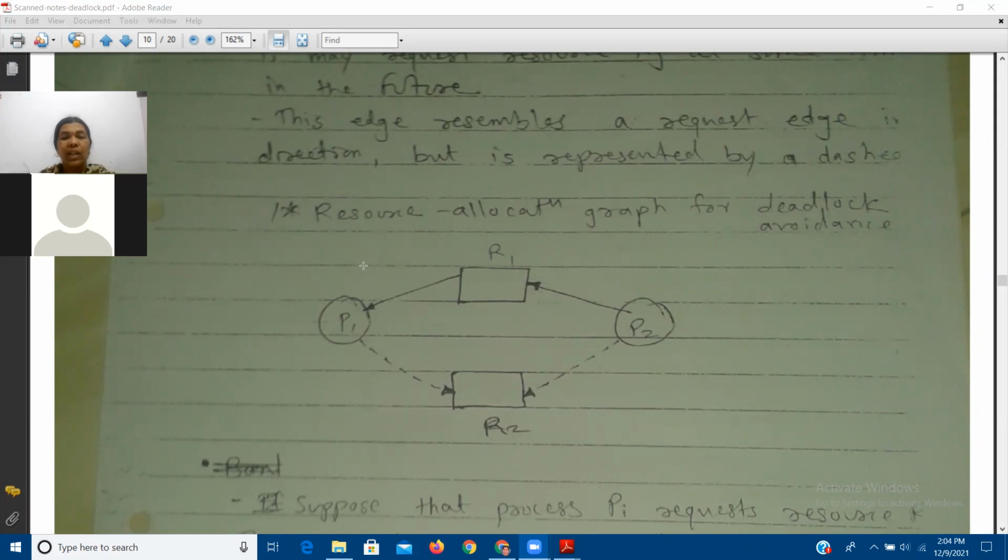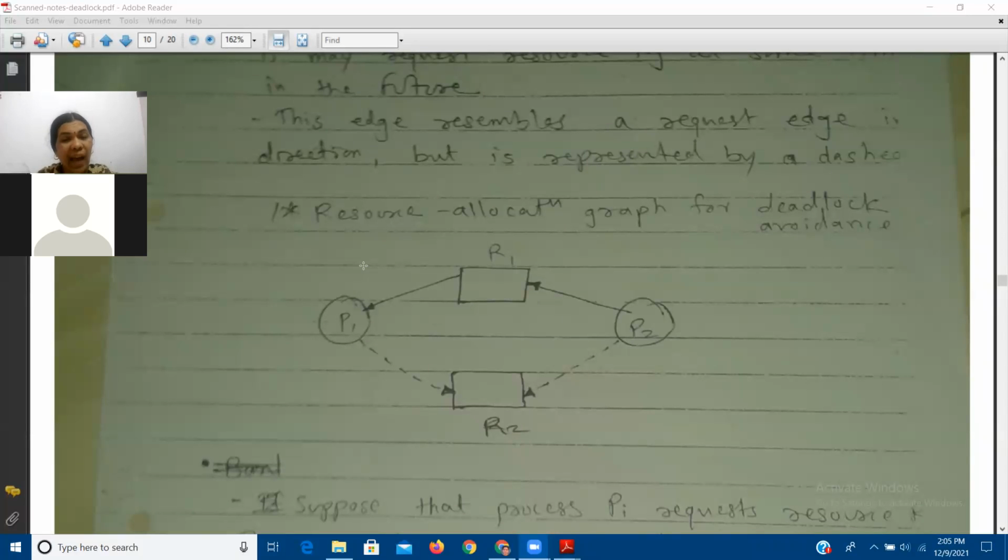Right now, there is no cycle in the graph. But if somebody makes a request, assume that process P1 makes a request to R2. That is, your claim edge will get converted into a request edge. Pay attention carefully. If P1 requests R2, what did we say? Right now P1 has not made the request, but after some time P1 may request R2. Assume that some time has passed and P1 is requesting R2.